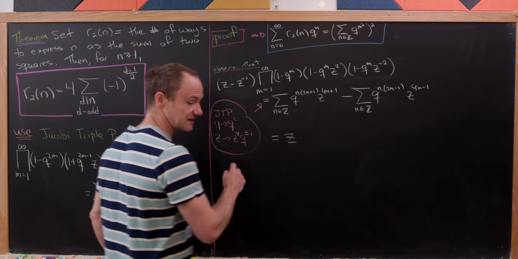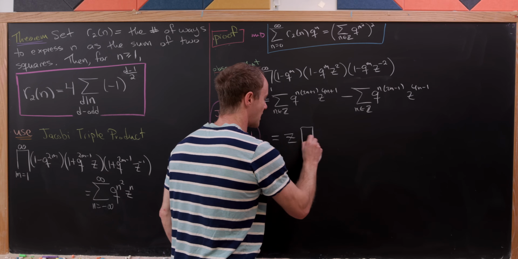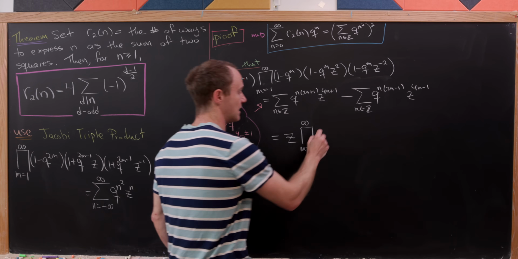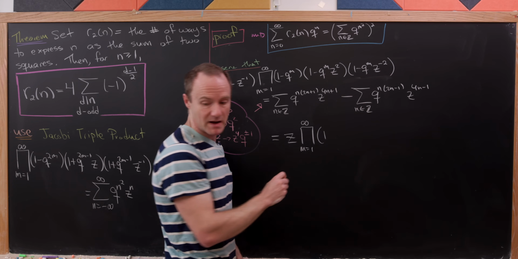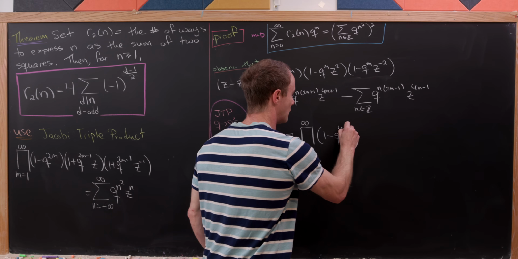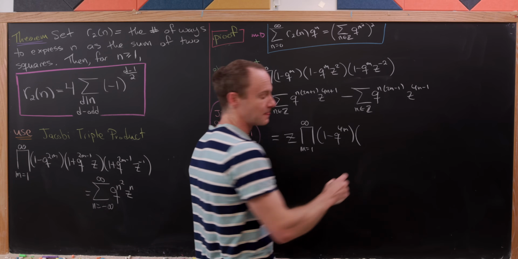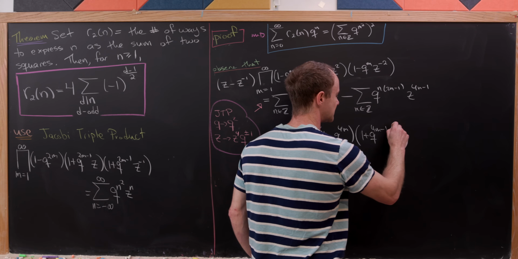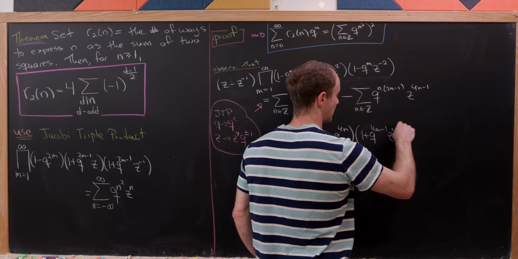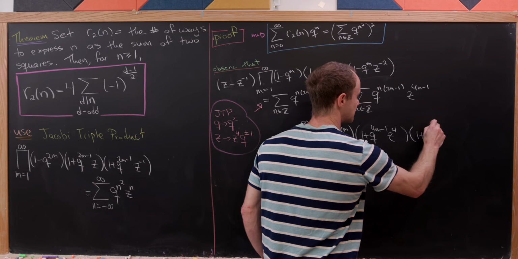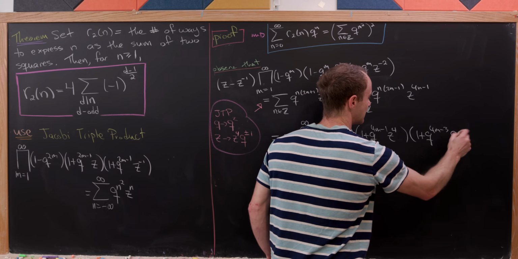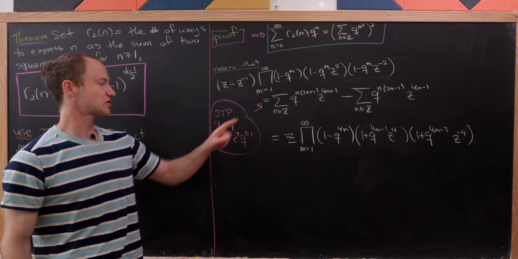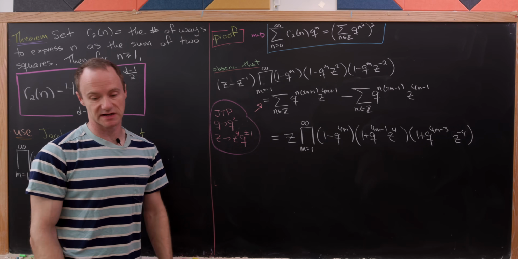And that's going to give us z, and then the product as m goes from 1 to infinity of 1 minus q^(4m), and then we'll have 1 plus q^(4m-1) times z^4, and then 1 plus q^(4m-3) and then z^(-4). Okay, so that's from this first term with this Jacobi triple product identity.